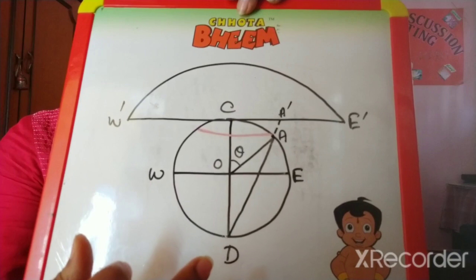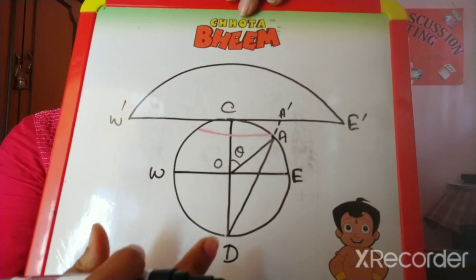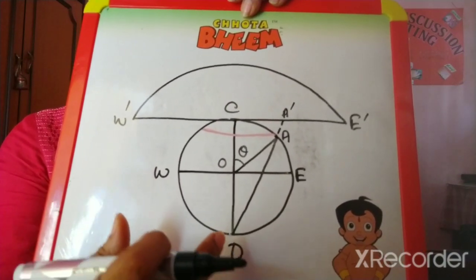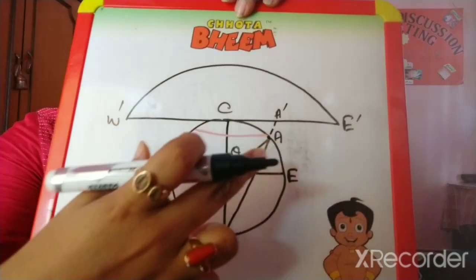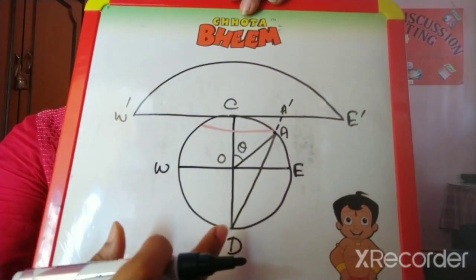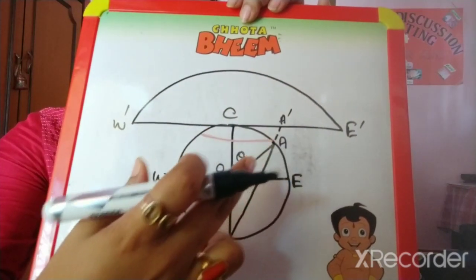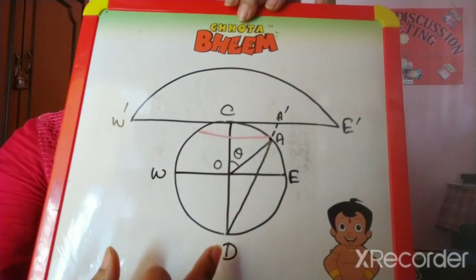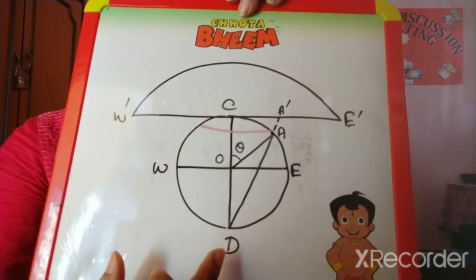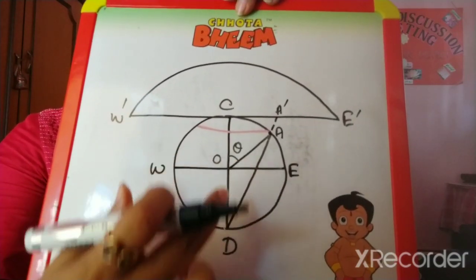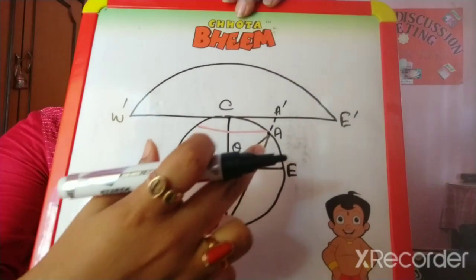Since it is a stereographic projection, the source of light is at D. So the point A on the θ degree latitude is represented as A dashed over the plane of projection, as the source of light is coming straight from the opposite pole. Now we join DA.